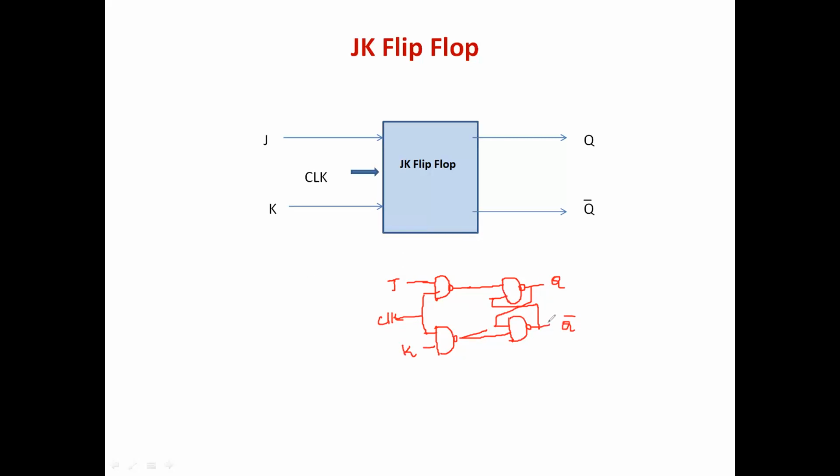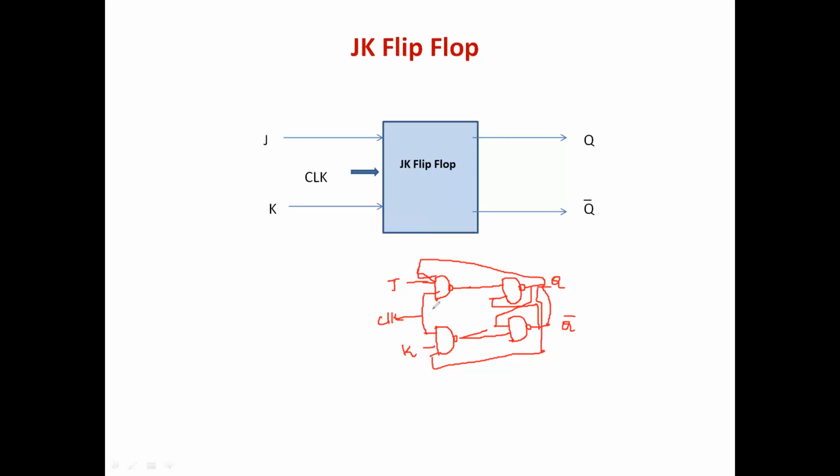This feedback I will take from Q bar and give it as input to this NAND gate, and I will take the feedback from Q and give it to input K. So this is the logic diagram for JK flip-flop. It is similar to SR flip-flop. The only thing is you will have feedback from Q and Q bar to J and K.